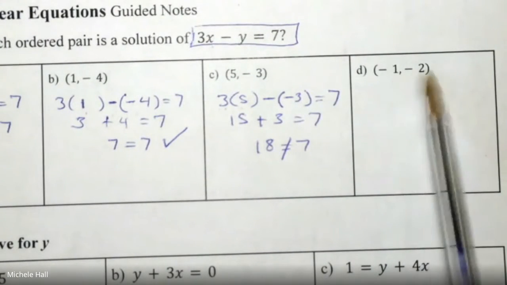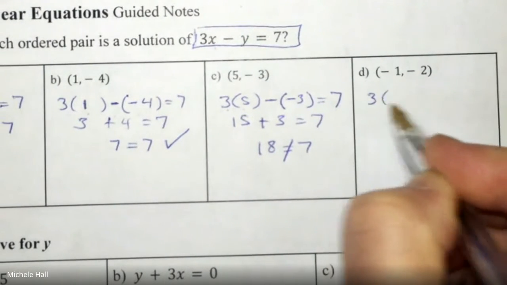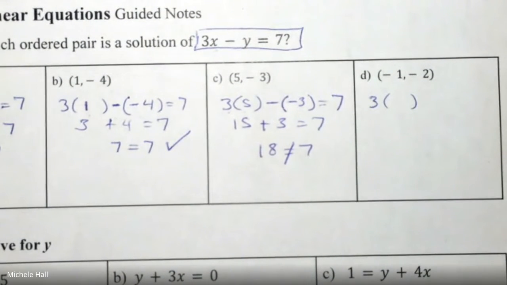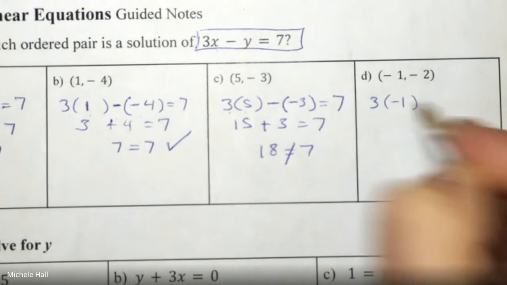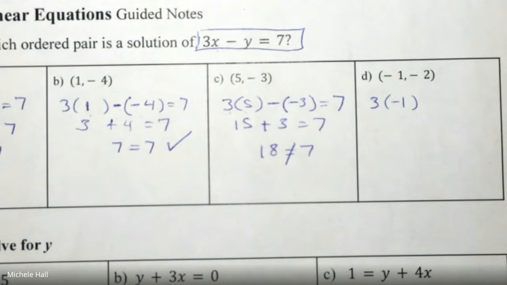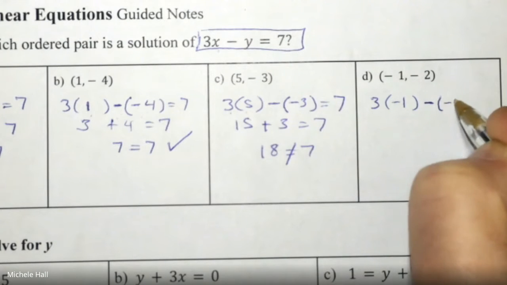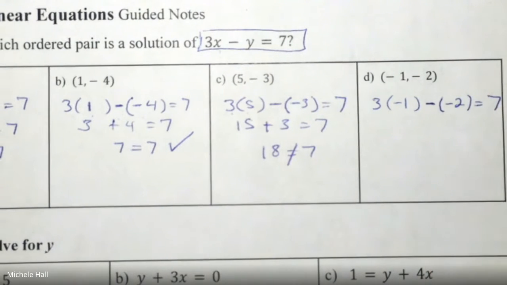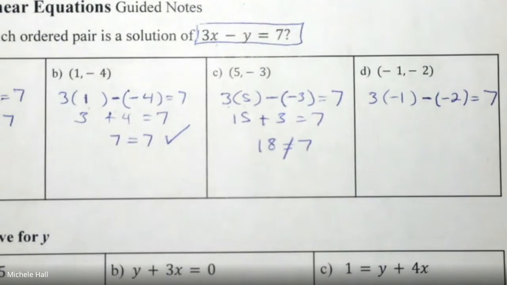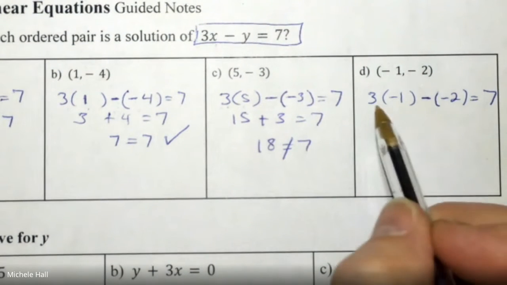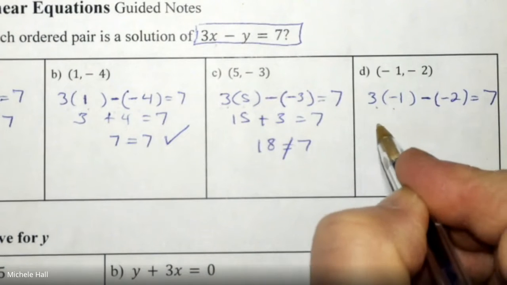Now we have 2 negatives. So we have 3 times our x, 3 times negative 1. So there's 3 times x minus our y, which is also negative, minus negative 2. Does all of that equal 7? 3 times negative 1 is negative 3.